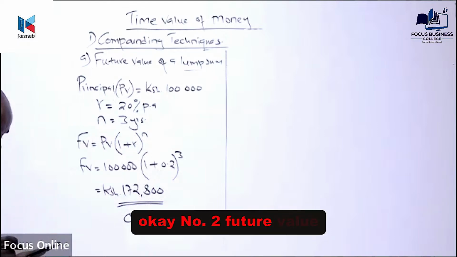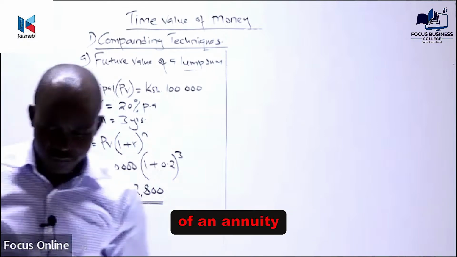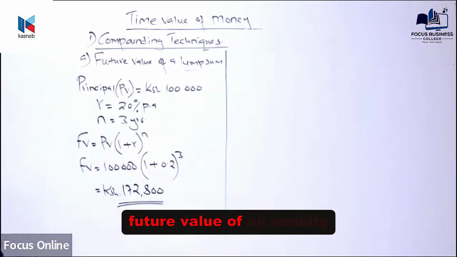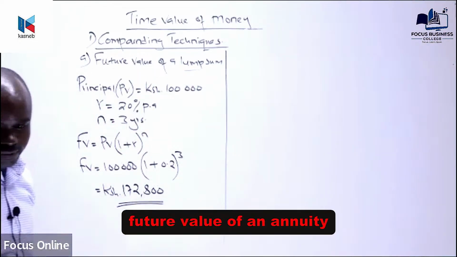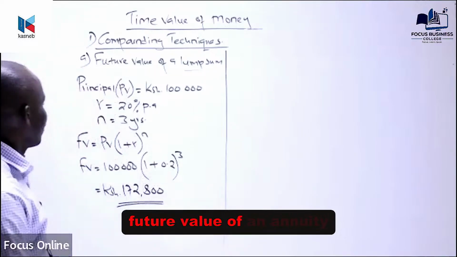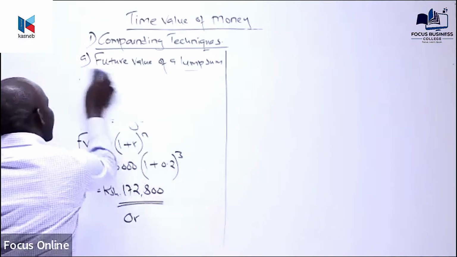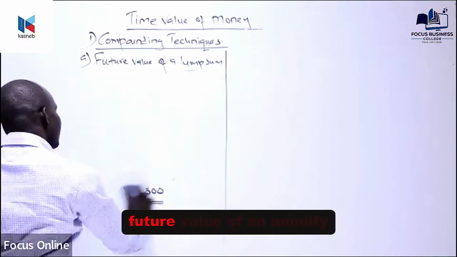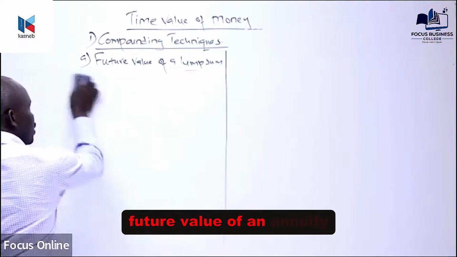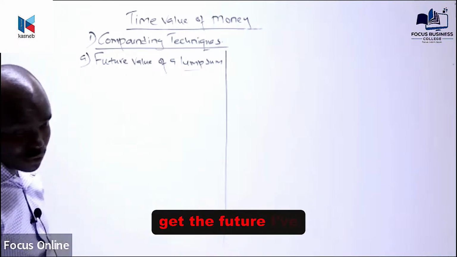Okay, number 2, future value of an annuity. You have seen how we get the future value.